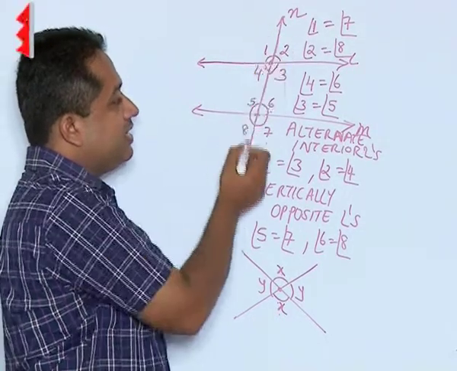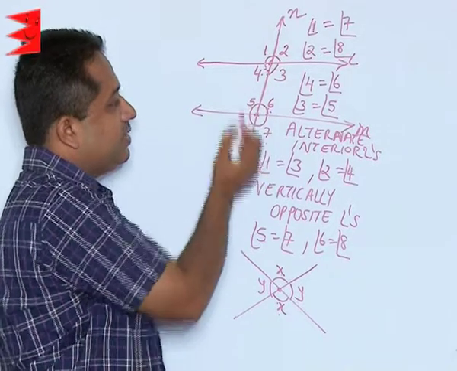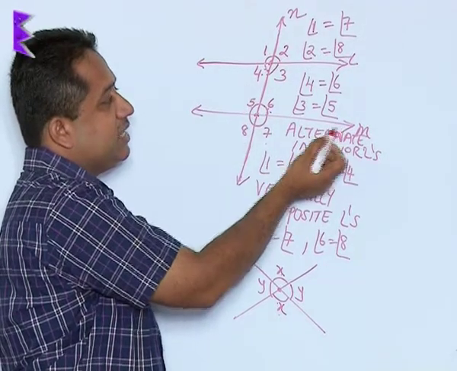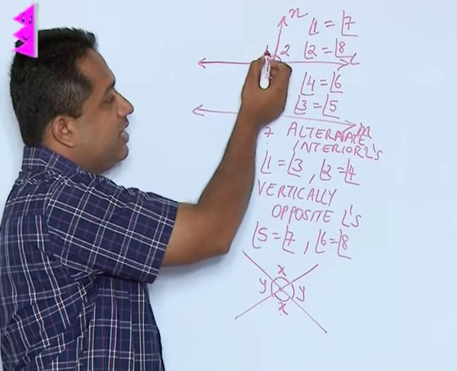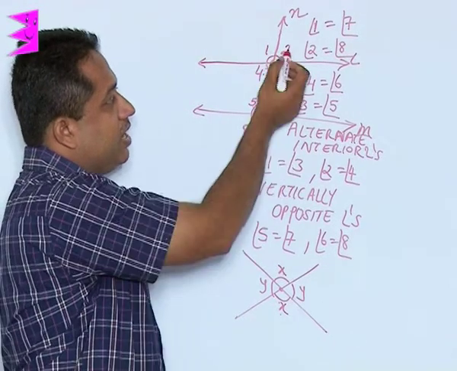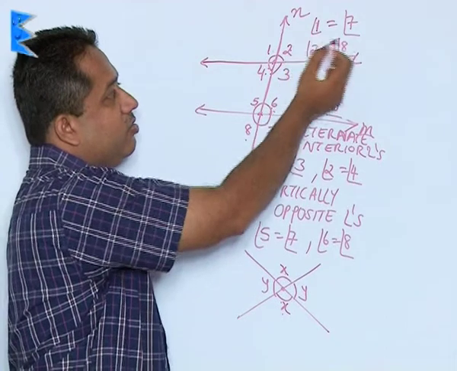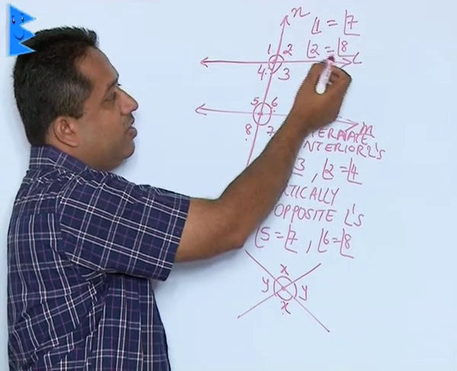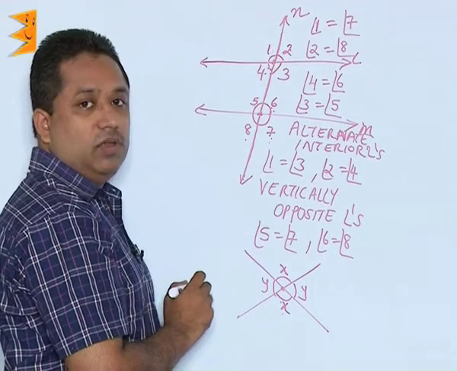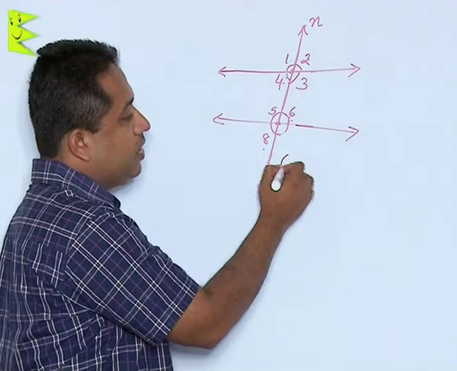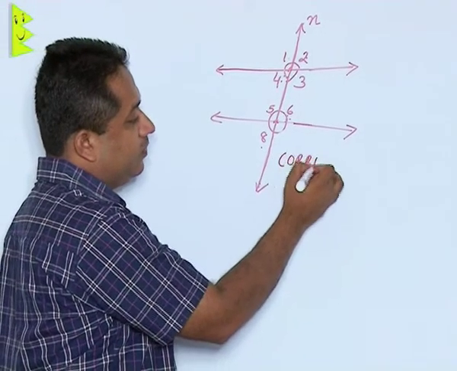But when we look at the exterior angles, again this is the transversal, and these are the two parallel lines L and M. The alternate exterior angles are 1 and 7 and 2 and 8, and 1 is equal to 7 and 2 is equal to 8, because alternate exterior angles are also equal.